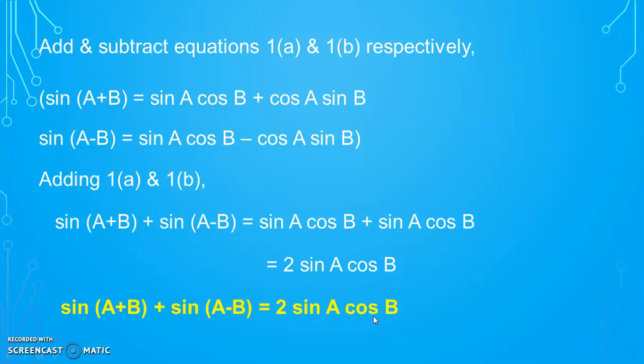In the same manner, sin A cos B can also be written as 1 divided by 2 times sin(A+B) plus sin(A−B).